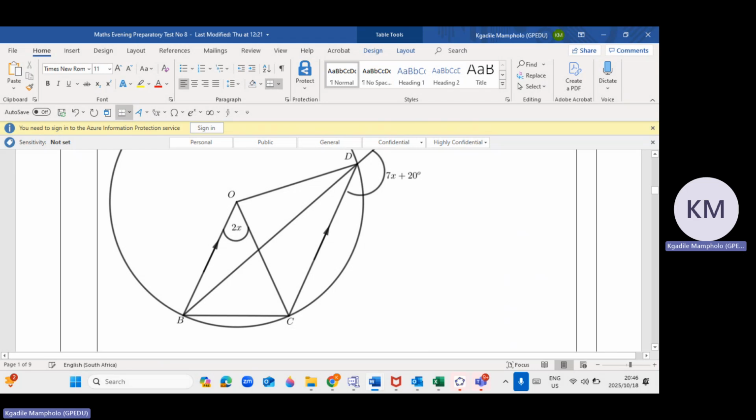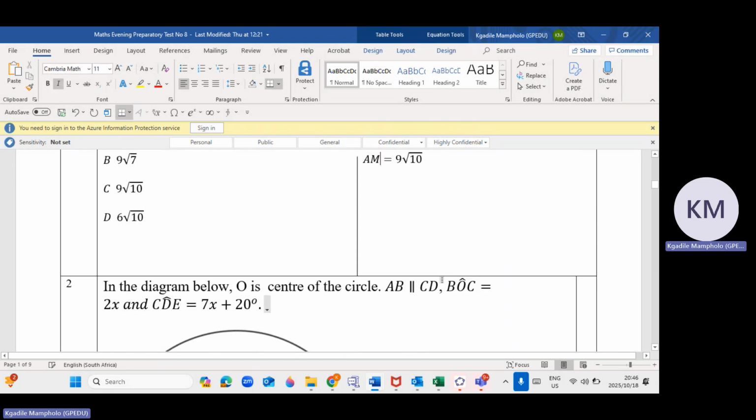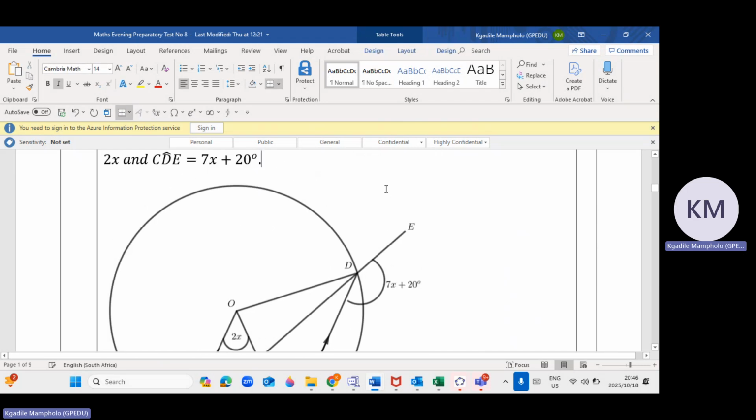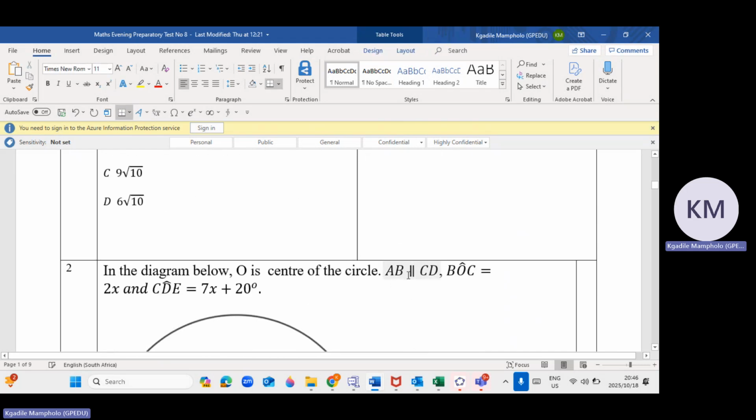Then OB is parallel to CD. So OB is parallel to CD, and then BOC, let me just take it down.